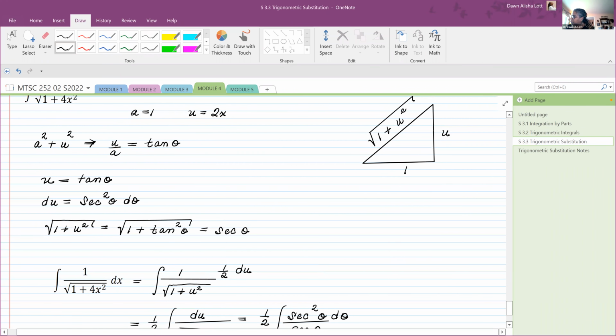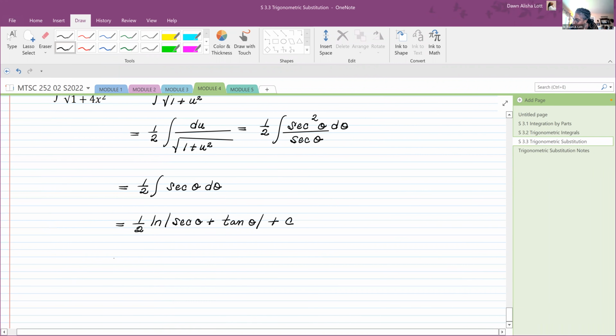From our theta here, secant theta is the square root of 1 plus u squared, and tangent theta is just u.